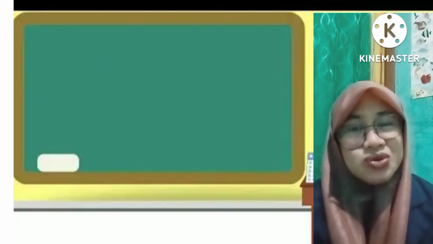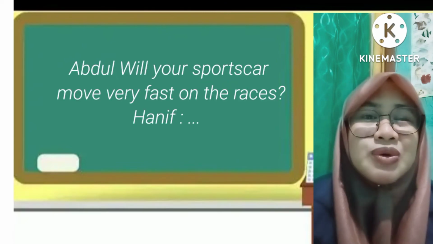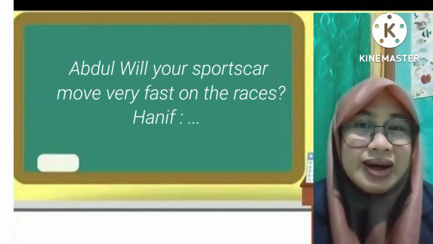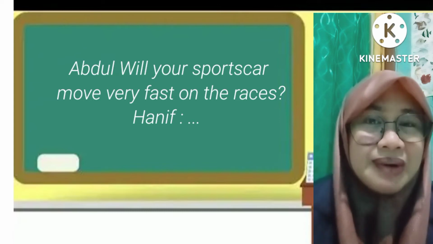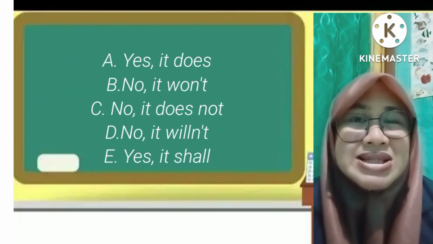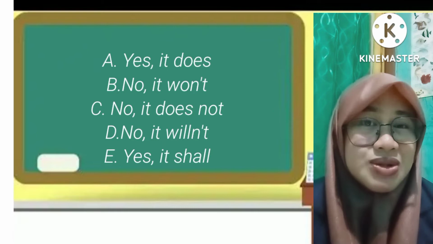Question for number 3. Abdul, will your sport car move very fast on the race? And Hanif says blah blah blah. A, yes it does. B, no it won't. C, no it doesn't. D, no it will. And E, it shall. The answer?